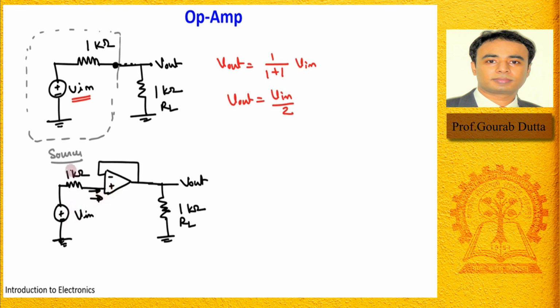So that way, the drop across this 1 kilo ohm resistance, in that case you can neglect. You can assume that the entire V in is actually coming across here. Or in the other way also, you can think that no current can flow inside or out of this op amp, so no current is flowing, so no drop across here, so the entire V in is falling here, right? And what is the gain of this buffer?